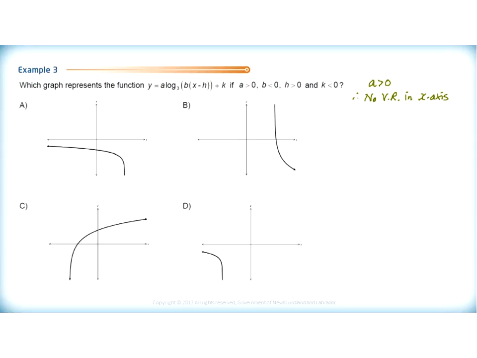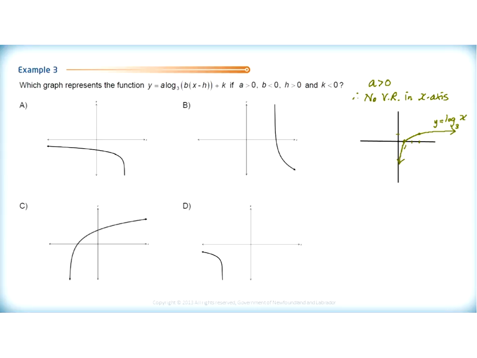If we start off with any base graph, namely in this case y equals the log of x to base 3, the graph will pass through the point (1, 0), it'll pass through the point (3, 1), and it will have a vertical asymptote that looks similar to this. Okay, so that's the base graph of y equals the log of x to base 3. If there's no vertical reflection in the x-axis, the graph will stay as it is.